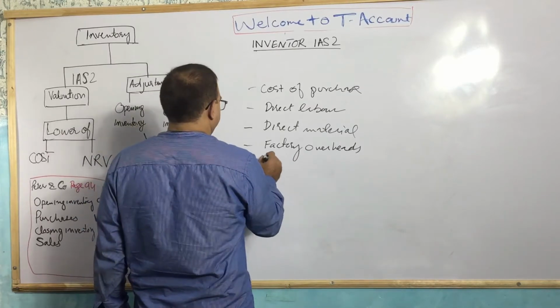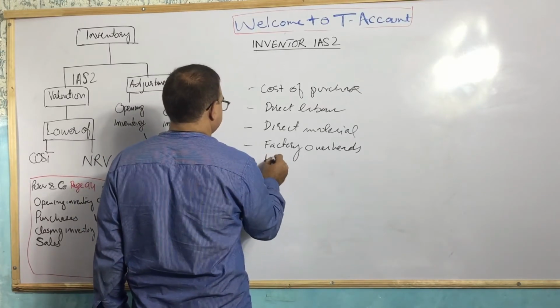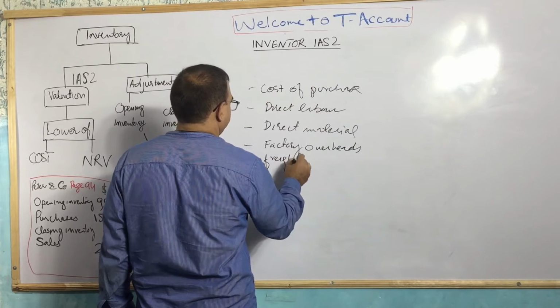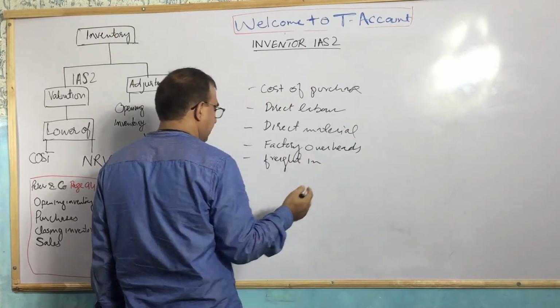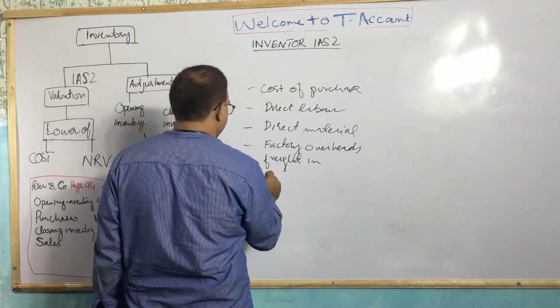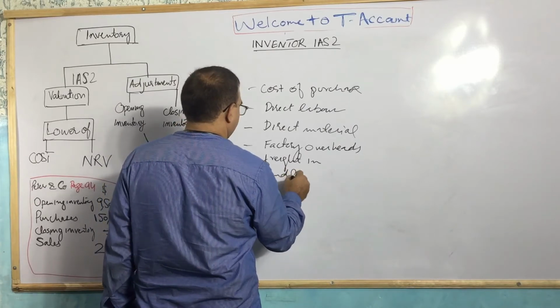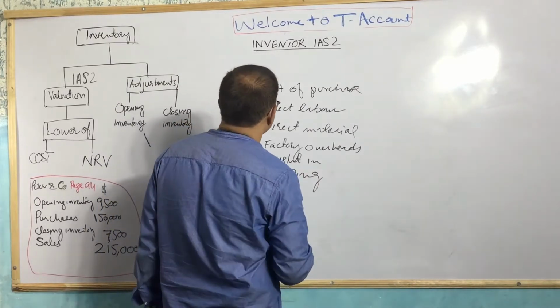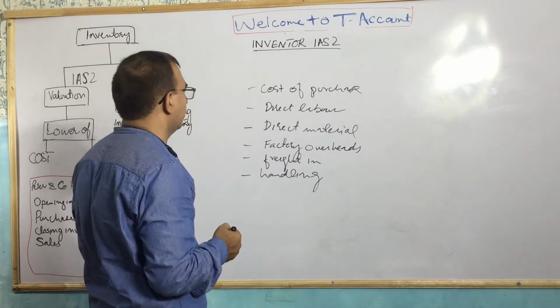May have freight in, you need to pay the transportation, handling. All these things are acceptable and recognizable costs.